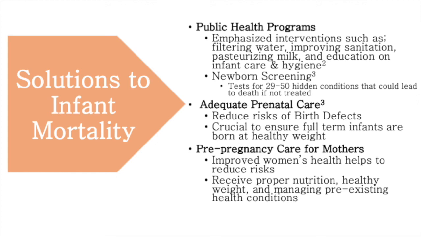And then lastly, pre-pregnancy care for mothers is important, as improved women's health helps to reduce risks. And to improve their health, it's important that they receive proper nutrition, are at a healthy weight, and manage pre-existing health conditions.